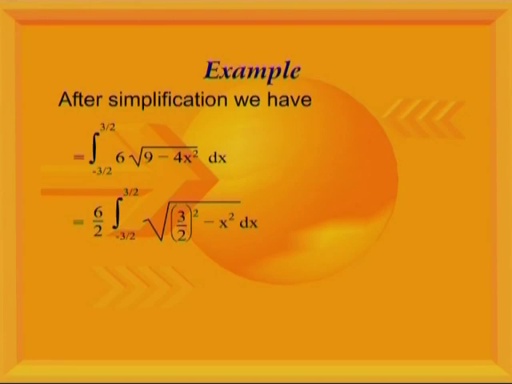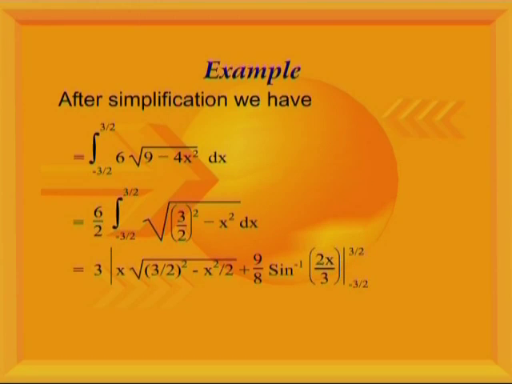And the integration, as we apply the formula, is equal to 3 into bracket x into square root of 3 by 2 square minus x square whole divided by 2 plus 9 over 8 sine inverse of 2x over 3 between the limit x is equal to minus 3 by 2 to x is equal to 3 by 2.